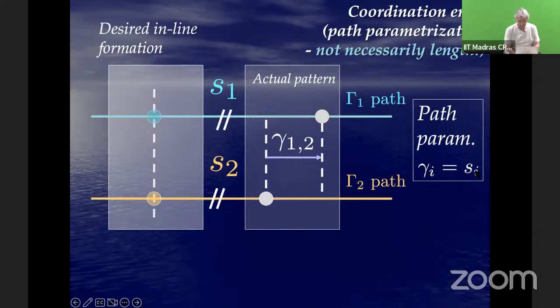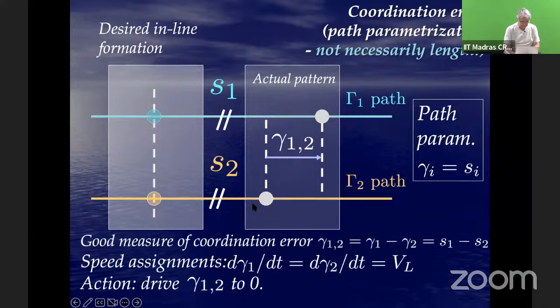The other one is S2, the length along the other path. So what is a good measure of coordination? That's when the difference between the gammas, the error, is equal to 0.